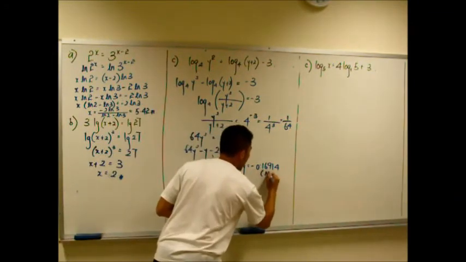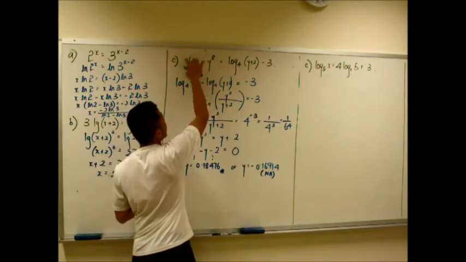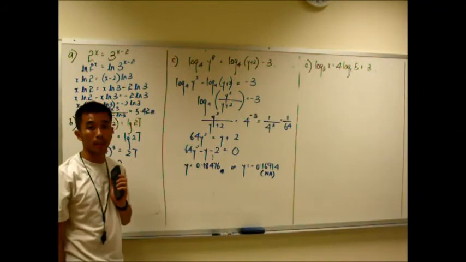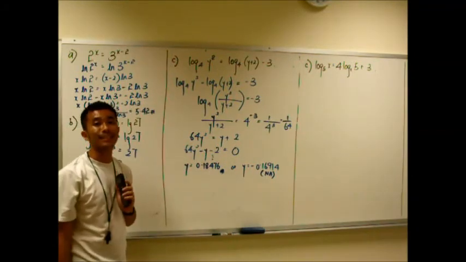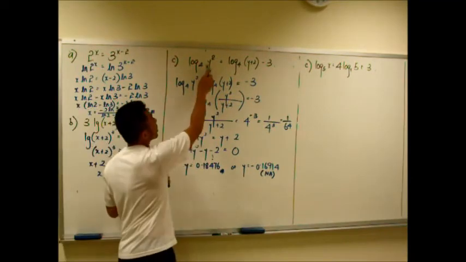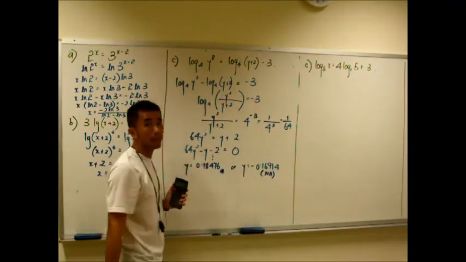Because you can always put the 2 down, you still need to log a negative value without squaring the number here. So you will need to reject this answer over here. So always check your final answer. Make sure the main term can't be negative value, the base term can't be negative value.